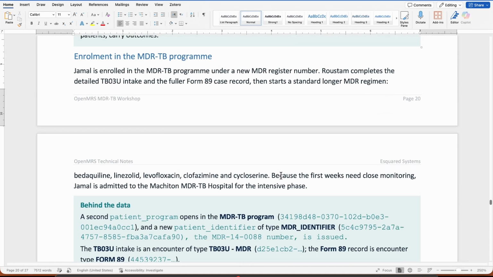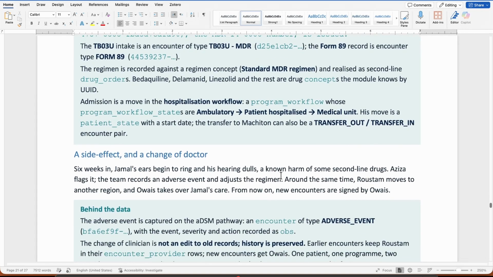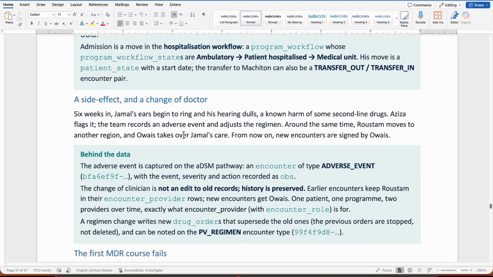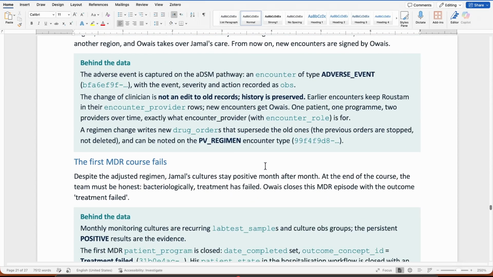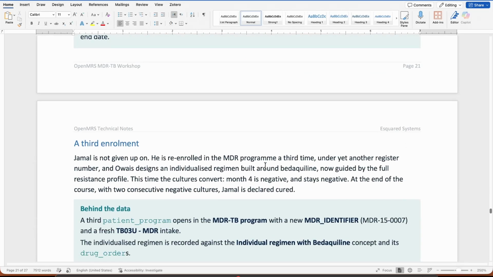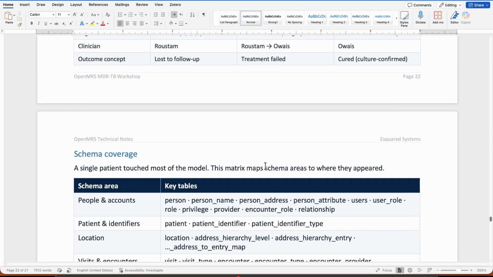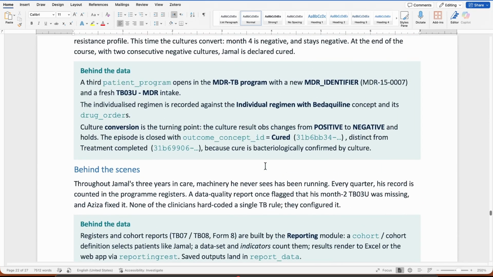Again during the treatment his regimen changes because the treatment is no longer effective, and then he is referred to another one. He's referred to Ovis, who is taking over the case now. And then for yet another time, another cycle of treatment starts. The third time he is enrolled into the MDR-TB program, and this time he completes the treatment and turns out to be cured as the outcome of the whole TB treatment.